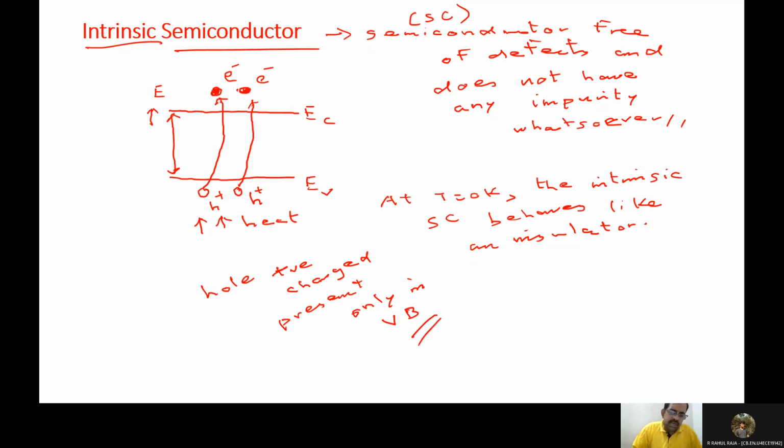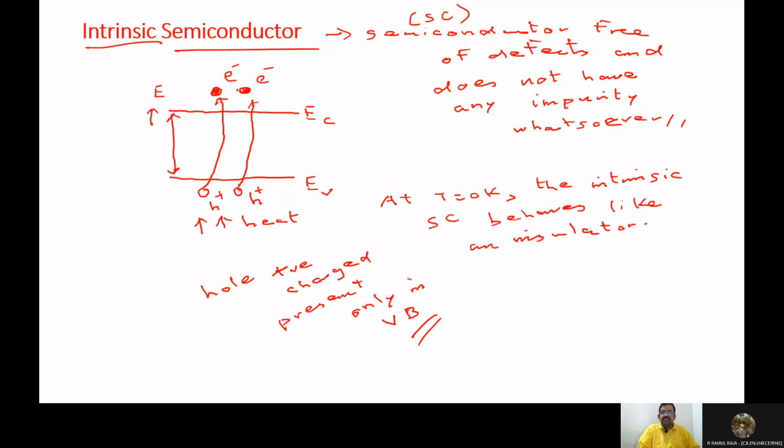Now you must remember that current flow in a semiconductor is due to the motion of charges. Here the charges are of two kinds. So both the electron motion and the hole motion will constitute the total current. Up to this level you understand.